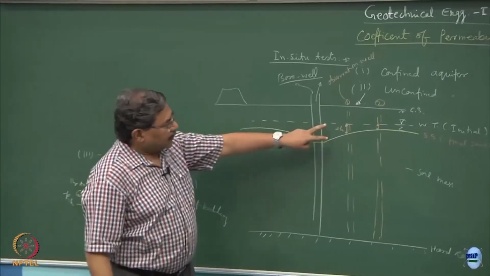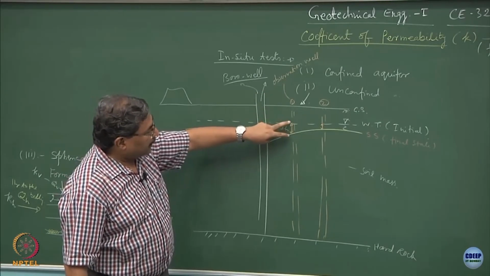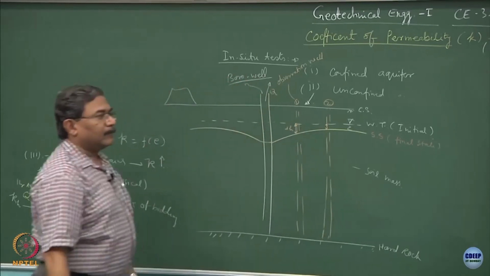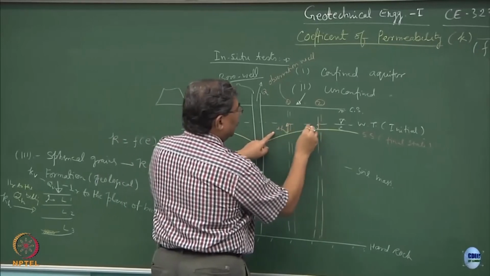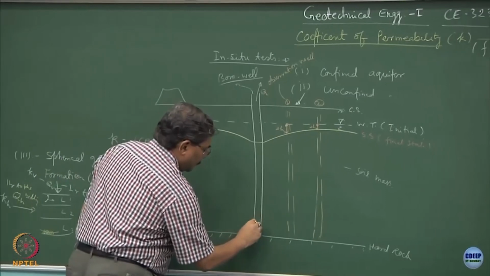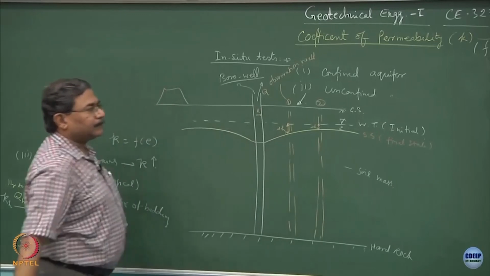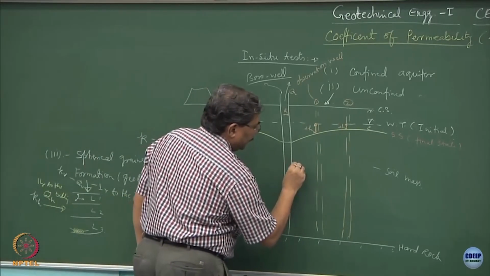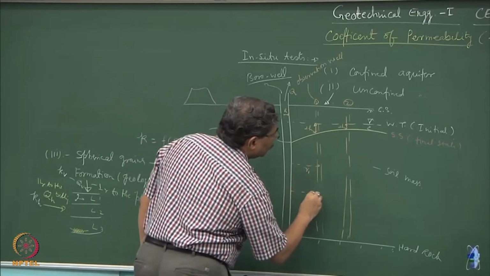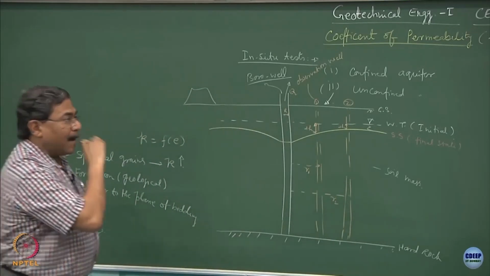I hope you can understand that this delta H has been created because of the discharge Q. Q has caused this delta H1 and delta H2 to appear. Now, suppose I define the well radius as capital R, and the radial distances to the observation wells are, let us say, R1 and R2.